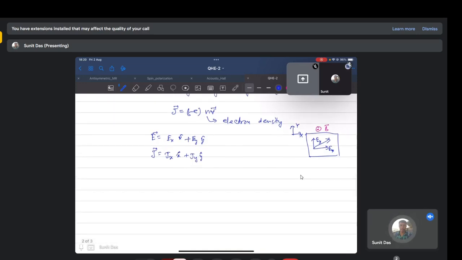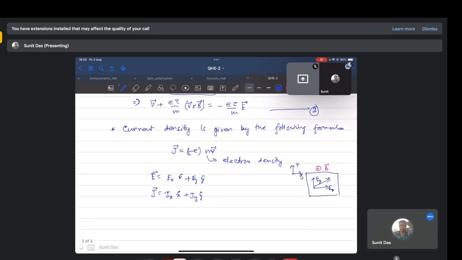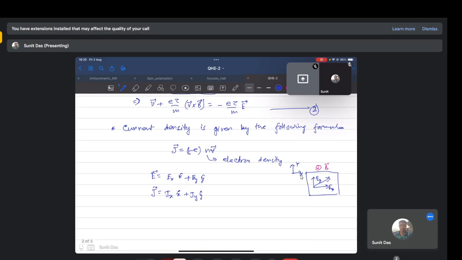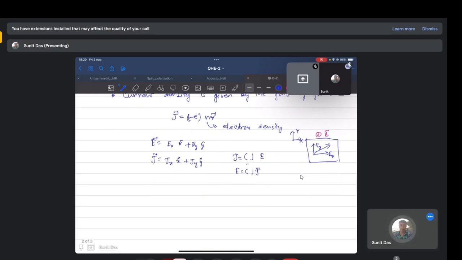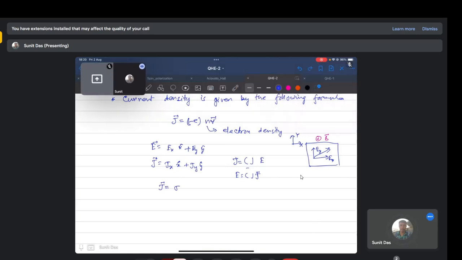So these will constitute a matrix, right? And the relation between J and E: J equals something times E, or E equals something times J. Both are true, because we write the current density as the sigma matrix, let's use the third bracket as the matrix notation, times the electric field.